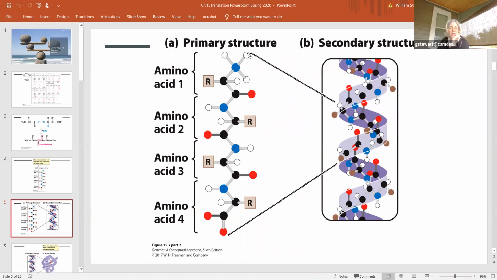These R groups of the primary amino acid chain are going to interact chemically to form secondary structure. And those of you that remember this from chemistry or bio, you might remember that there's two different forms of secondary structure: the alpha helix or the beta pleated sheet. They're showing you alpha helix here.